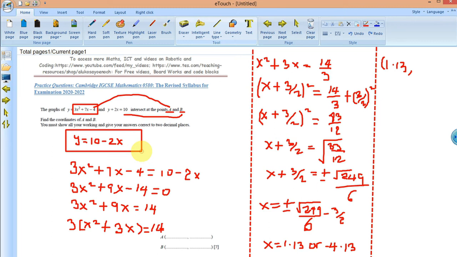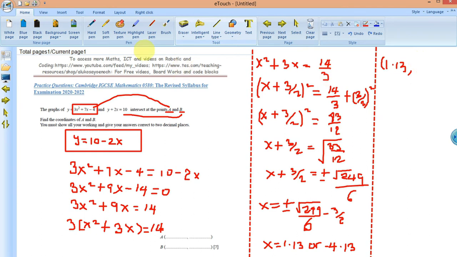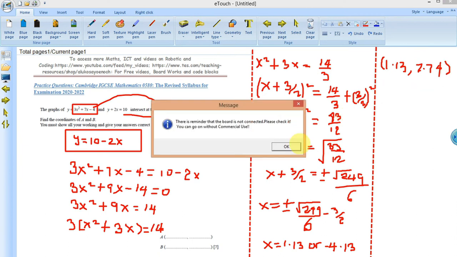So I'm going to have 10 minus 2 into 1.13 close brackets equals, that is 7.74. Sorry about that. And the second coordinate, let's take that one for b.